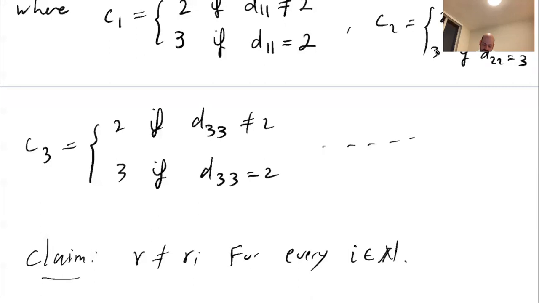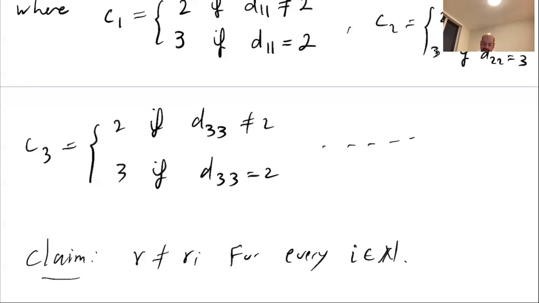Again, similar argument: if D22 is equal to 2, then C2 is 3, and 3 is different than 2.